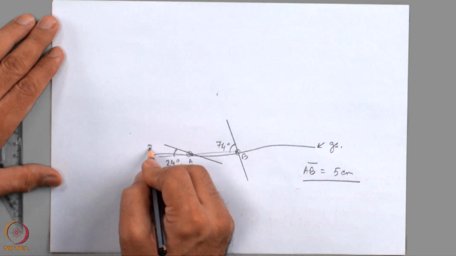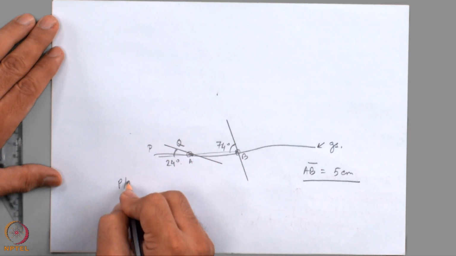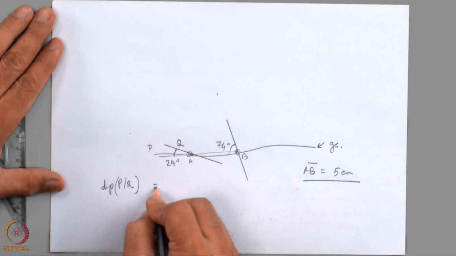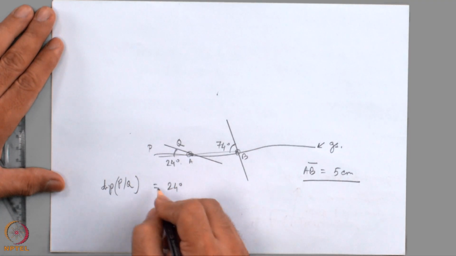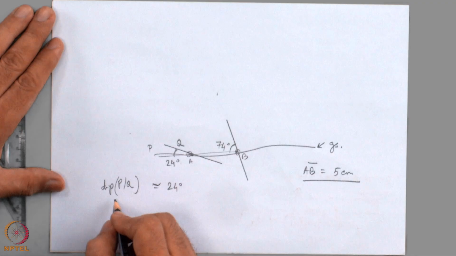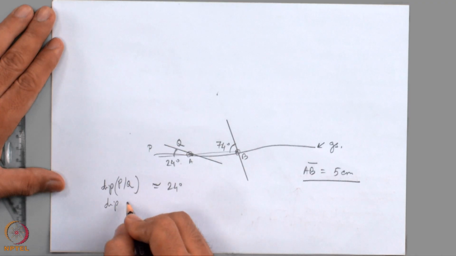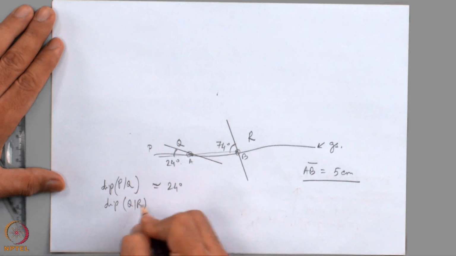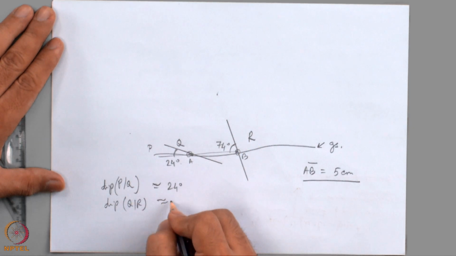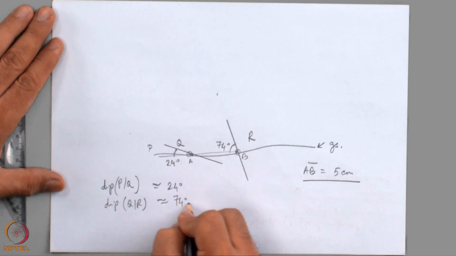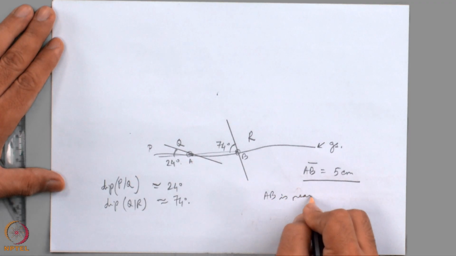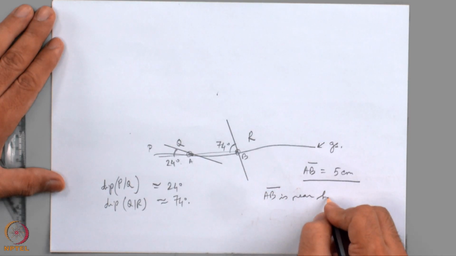The lithological contact between units P and Q has a dip of approximately 24 degrees, and the dip of the contact between Q and R rocks is say 74 degrees, and the AB line is near horizontal.